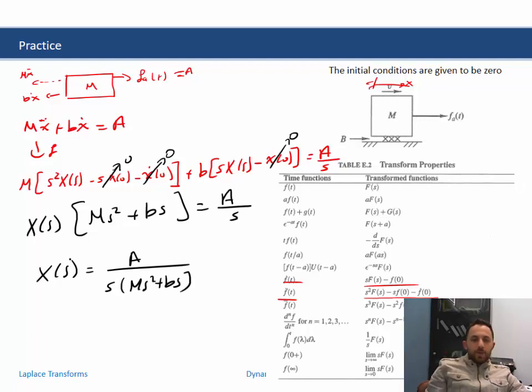Alright, now we get the Laplace transform of this second order differential equation, and if the objective is to find x(t), then if you look over the table, it's difficult to find something similar to this equation. So in the next session, we will cover how to obtain the inverse Laplace for such functions.